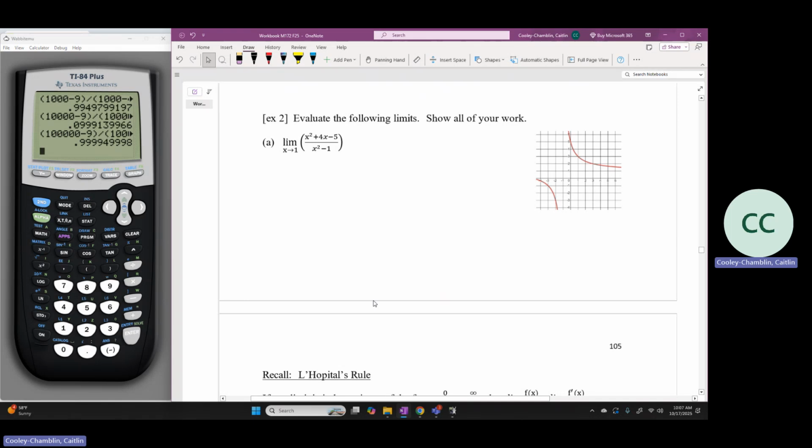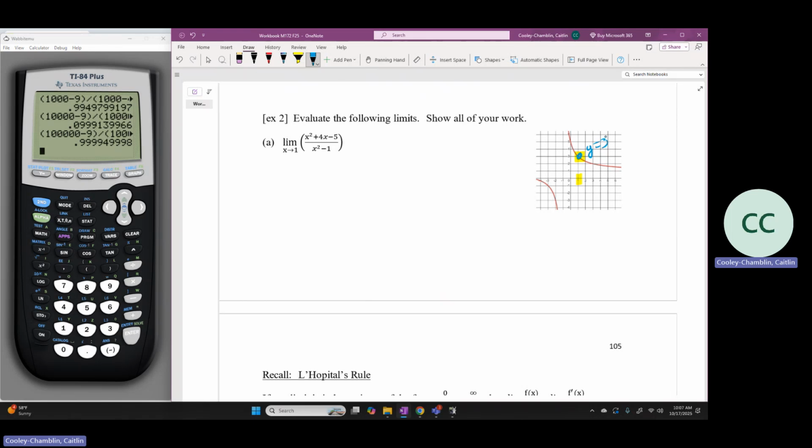Example 2 says evaluate the following limits, show all of your work. So we're taking the limit as x goes to 1 of x squared plus 4x minus 5 over x squared minus 1. And so we want to know when x is 1, what is our y value? And we can see from here that y is going to be 3, just graphically.